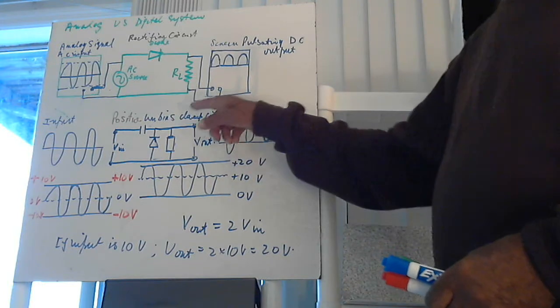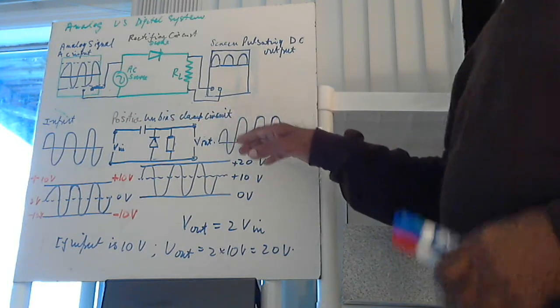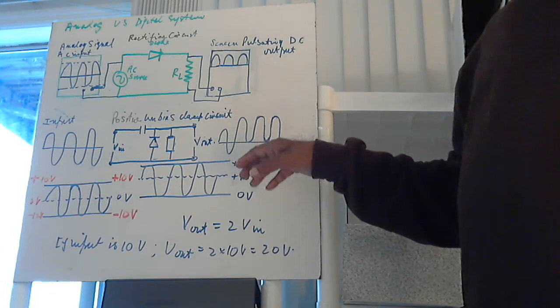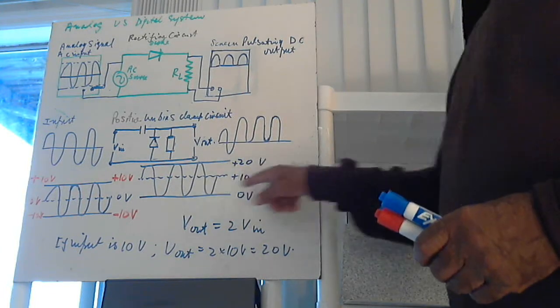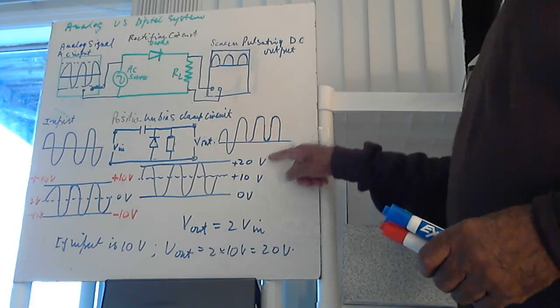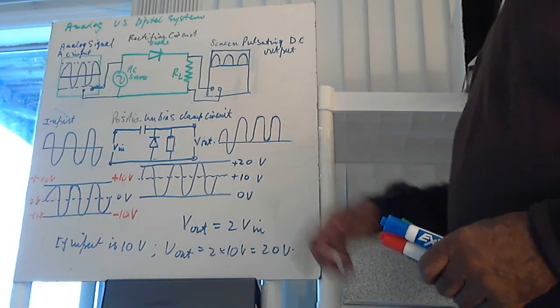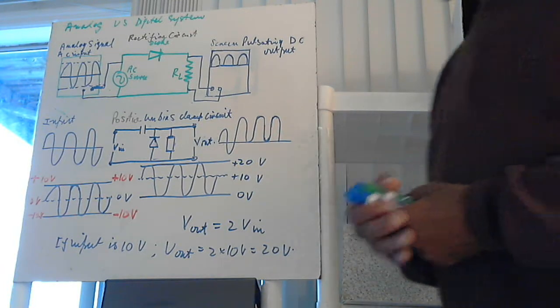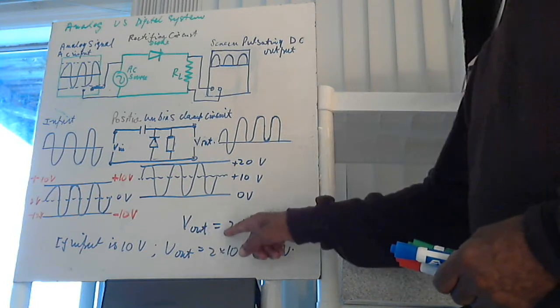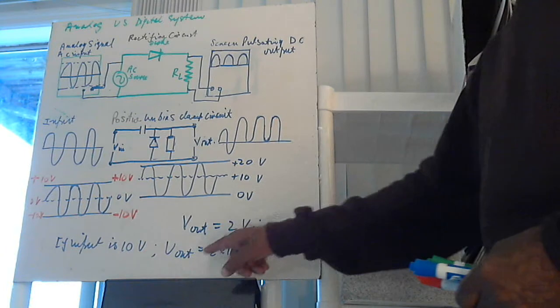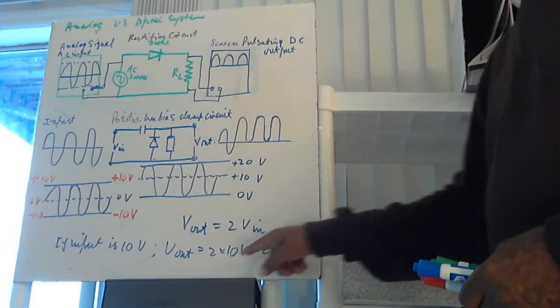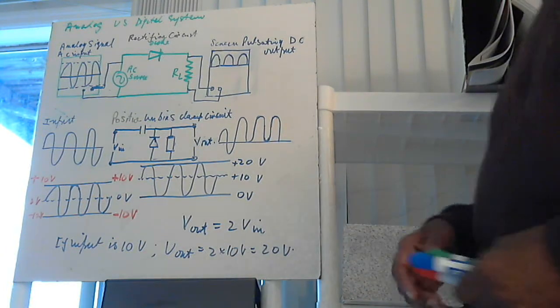Okay, this positive unbiased clamp circuit offsets the input signal so that all of the waveform is above zero. All is above zero here. Alright? So the voltage out is equal to 2 times the voltage in. For example, if we put 10 volt in, then voltage out is 2 times 10, which would be 20 volt.